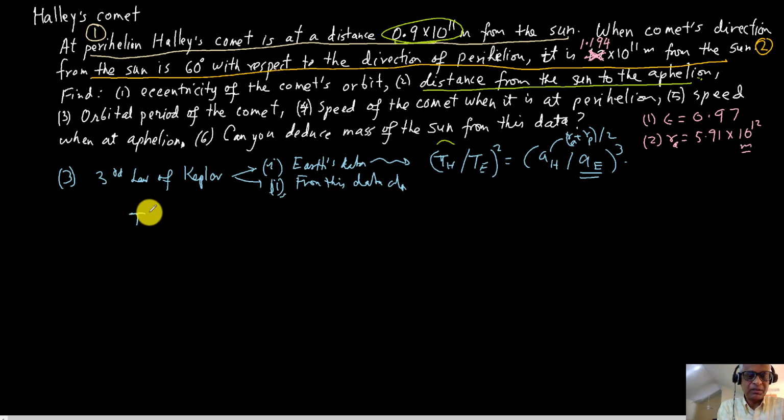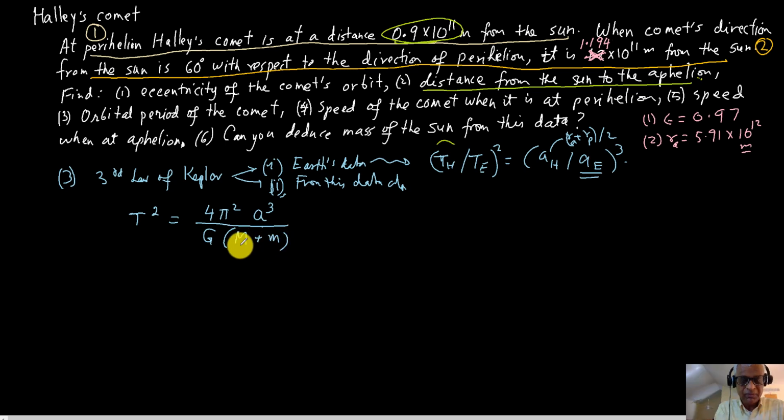If you remember, the formula for T squared of any orbit is 4 pi squared a cubed over G times (mass of the sun plus mass of the planet, or mass of a satellite, comet, etc.).